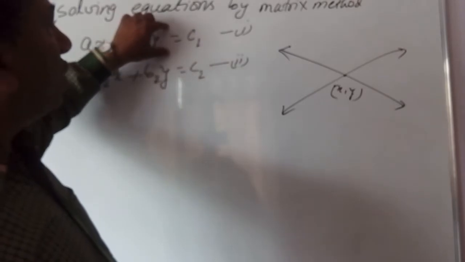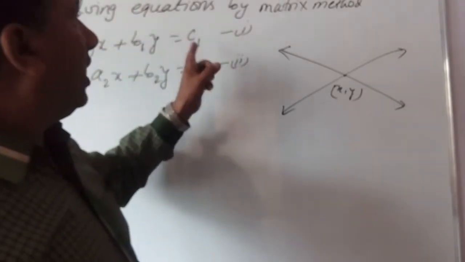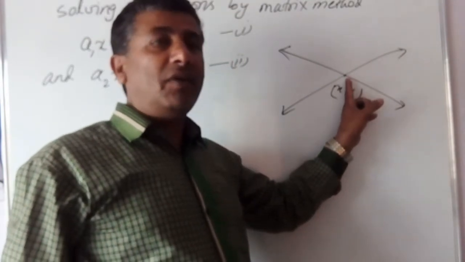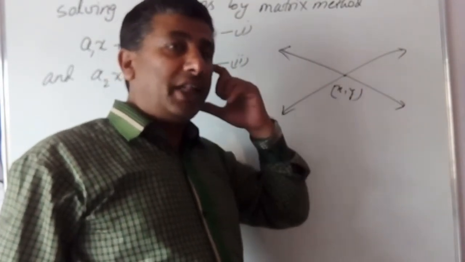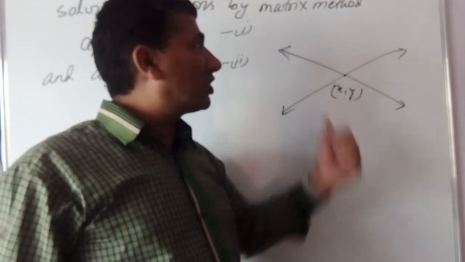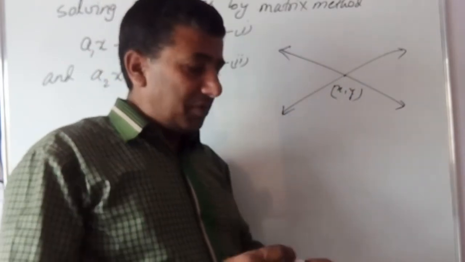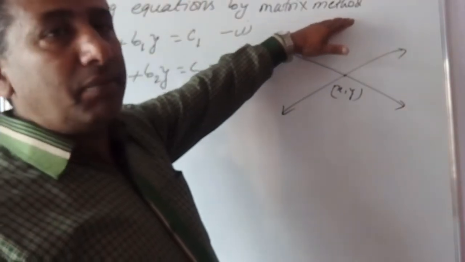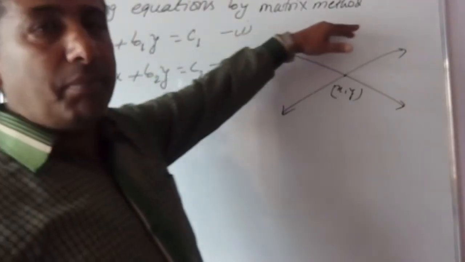Solving these two equations, which are straight lines, we find the point of intersection of these two straight lines. That is the meaning. We can also solve this type of equation by the graphical method, but today our topic is solving equations by matrix method.